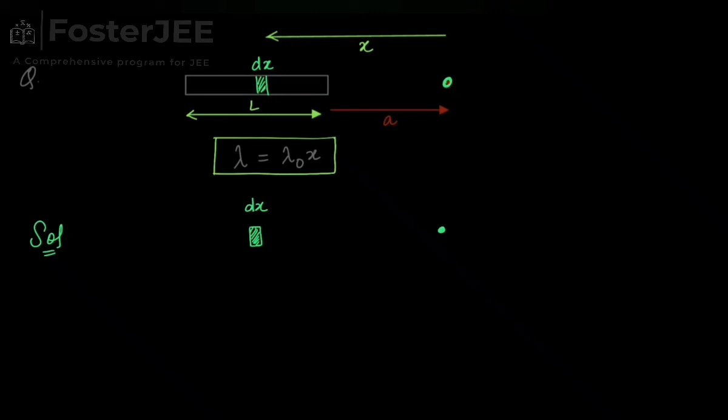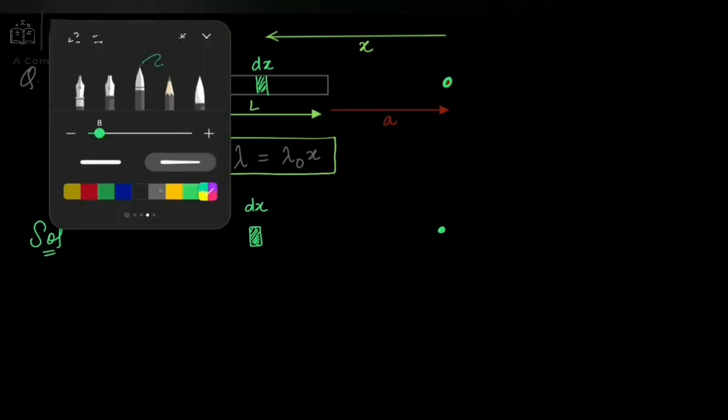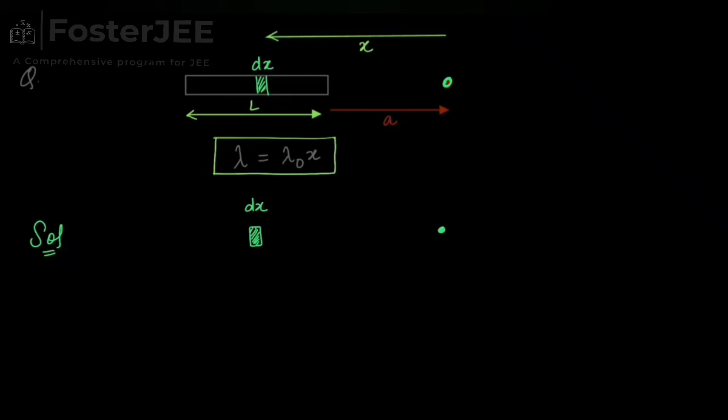Since dx is very small, this part of the rod should behave like a point charge. So, the small electric field dE at a distance x, suppose it carries charge dq, is k dq upon x square. Simple.